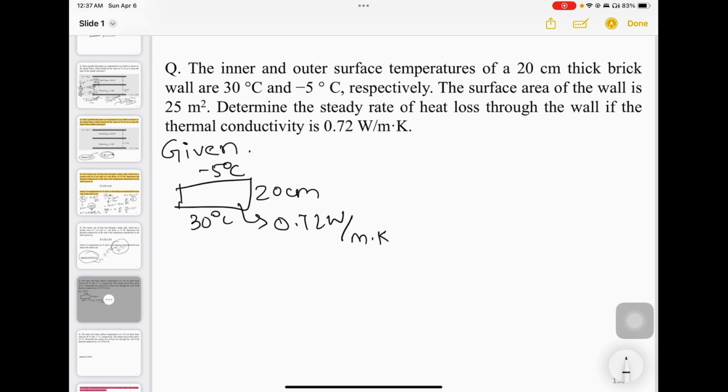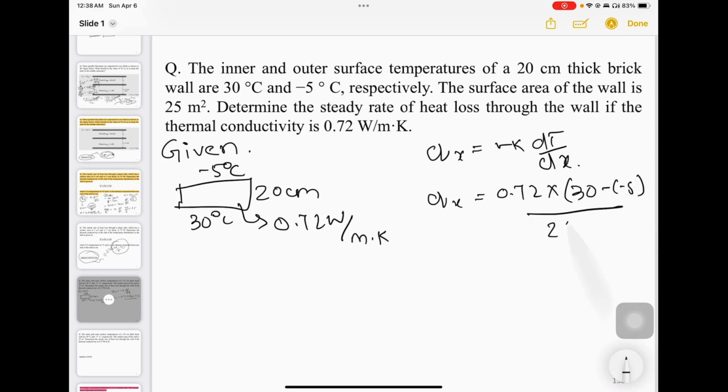Now, this question is solved by Fourier's law of heat conduction, which is Qx is equal to minus k dT by dx. Qx is equal to 0.72 into the temperature difference, which will be 30 minus of minus 5 upon 20 into 10 raised to power minus 2, which is our thickness.